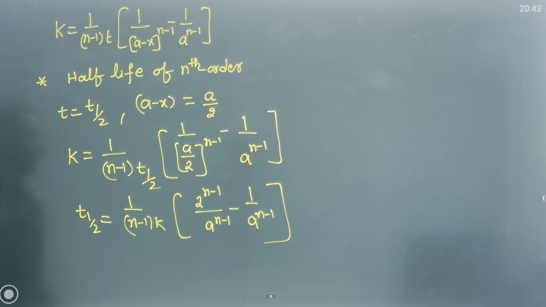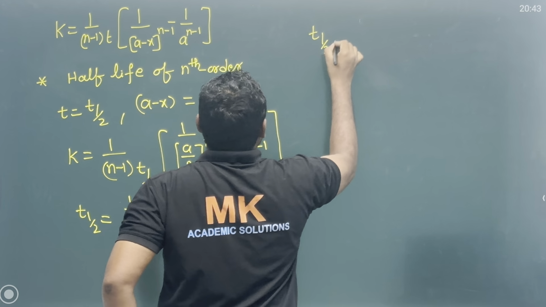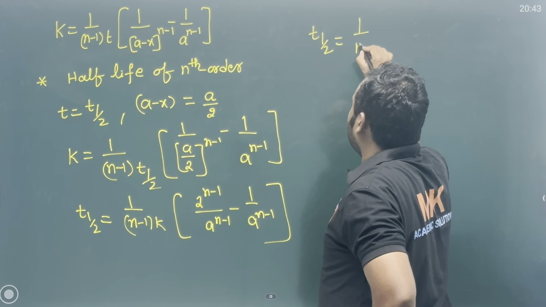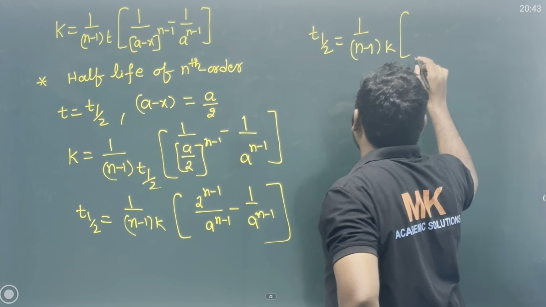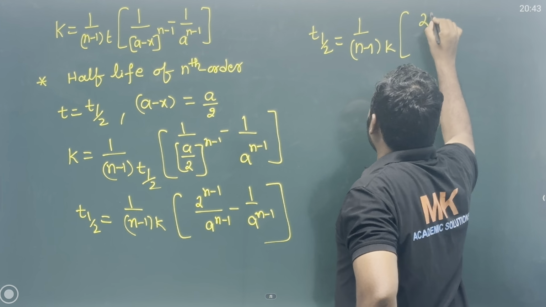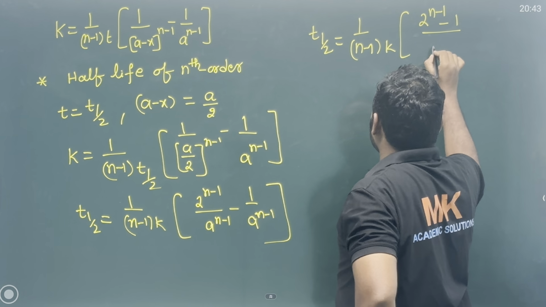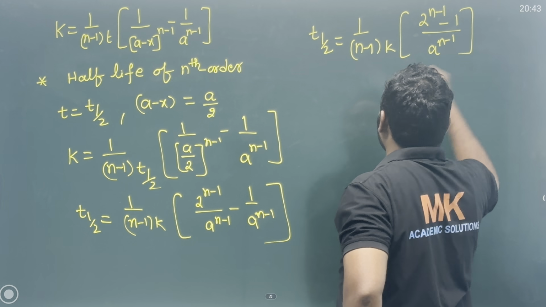Okay, so here this is the similar fraction. How can we write it? t 1 by 2 is equal to 1 by (n minus 1) k, (2 power n minus 1 minus 1) by a power n minus 1.